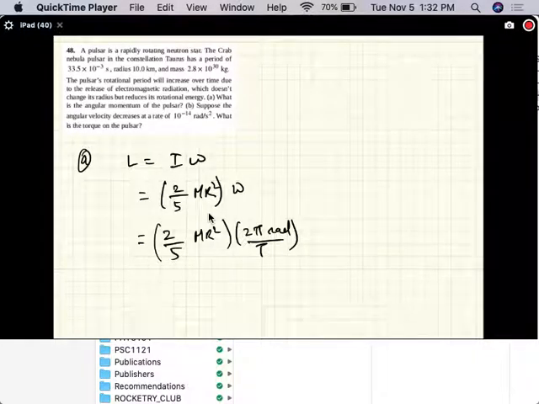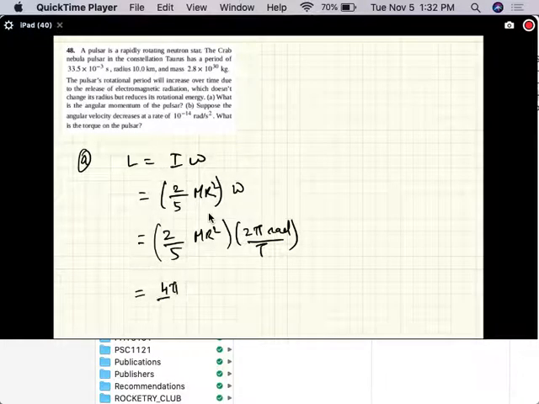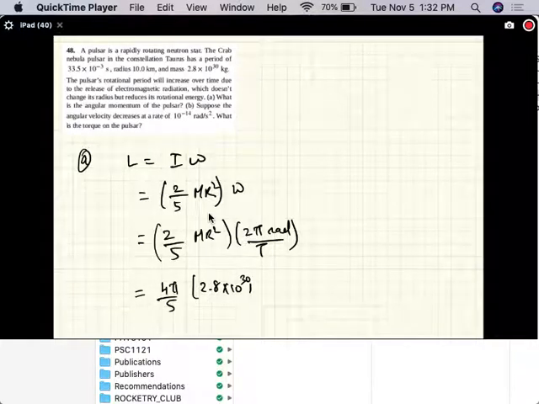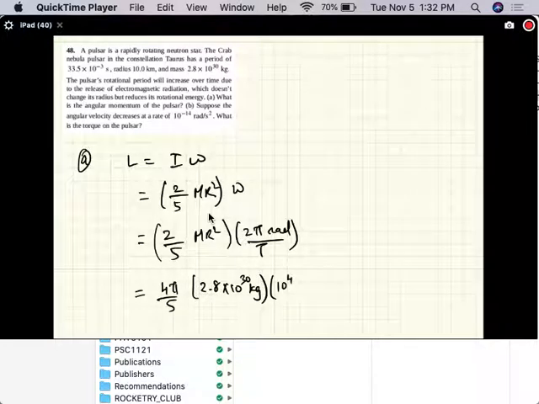Okay? So now we can put in all numbers. The mass is 2.8 times 10 to the power 30 kg. The radius is 10 kilometers, 10 to the 4 meters. And the period is 33.5 times 10 to the minus 3 seconds.